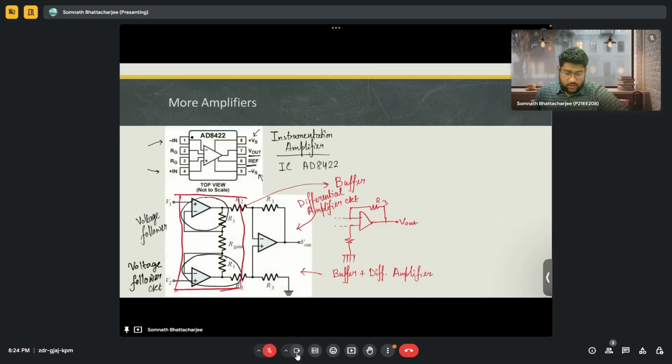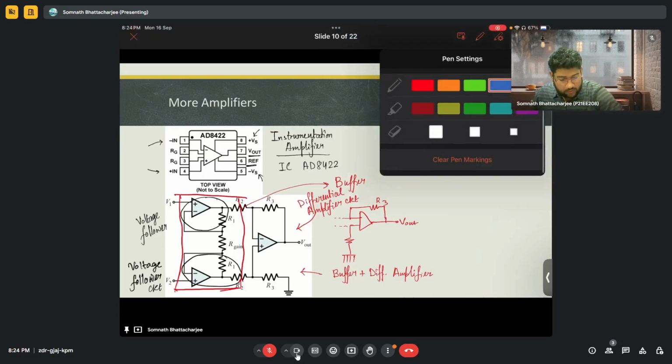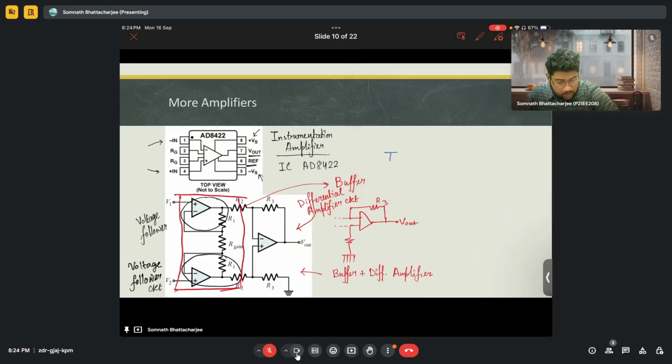And this is the basic, most used amplifier circuit. Sorry, I haven't written the name even.